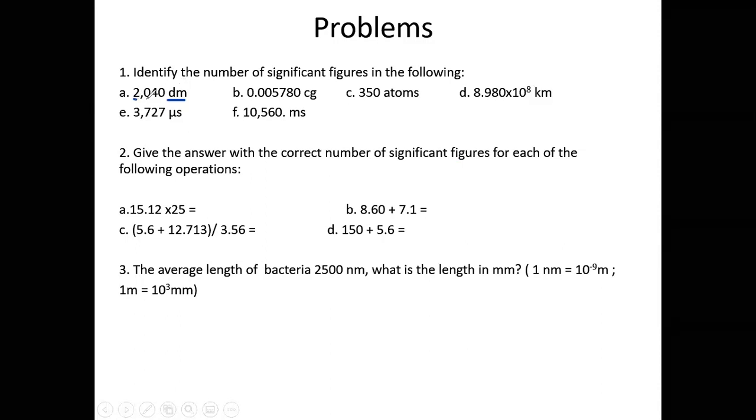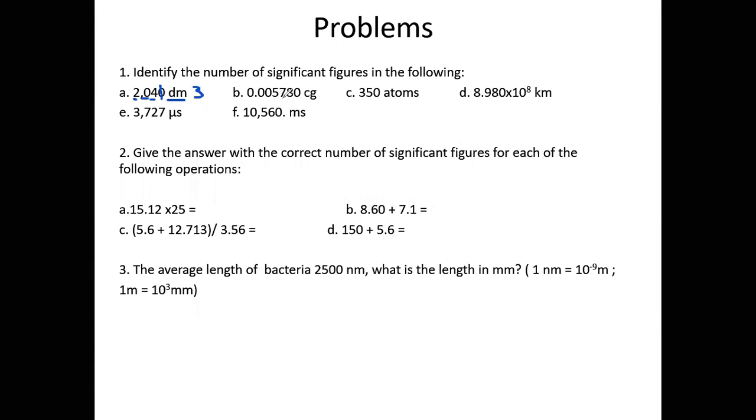So the 2 and the 4 are already significant because they're non-zero numbers. The 0 between the 2 and the 4 is significant because it's a captive 0. So 0 between 2 non-zero numbers is significant. Now this trailing 0 after the 4 is insignificant because there's no decimal place. And so this number has 3 significant figures.